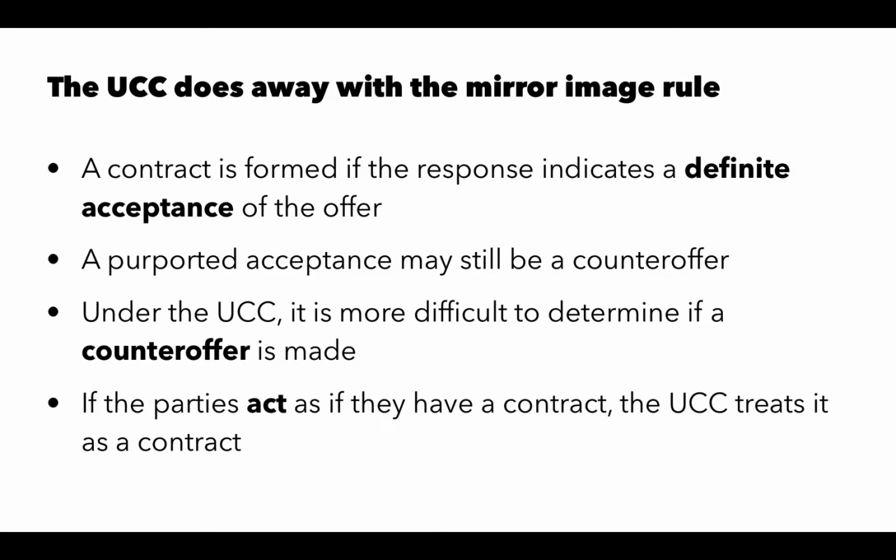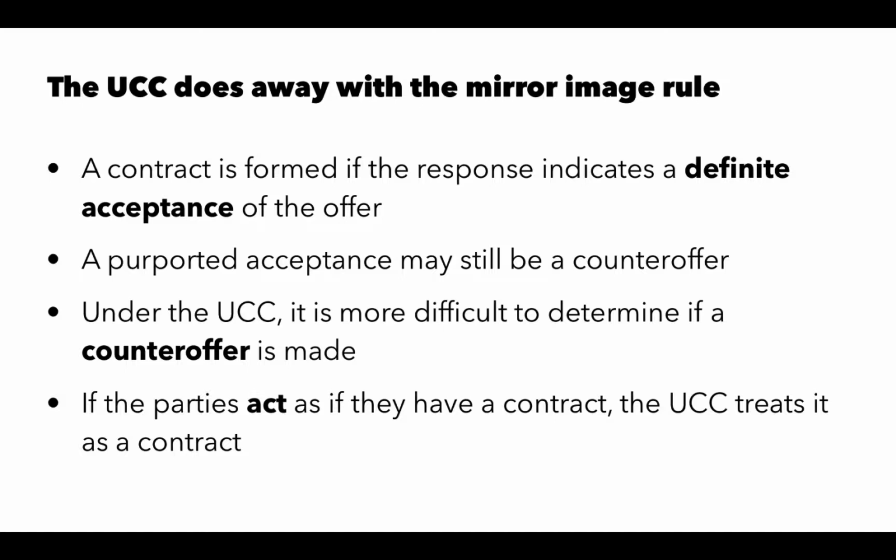The general way that courts do this is if the parties act as if they have a contract, the UCC will treat it as a contract. So no one is going to be forced into a contract with additional terms if they object to those terms.